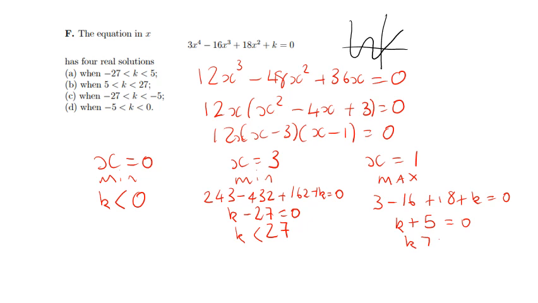So k needs to be greater here than minus 5. So we need to have k less than 0, k less than 27. This k less than 27 becomes redundant because we need it to be less than 0, so we can almost ignore this. We need k to be greater than minus 5 and less than 0, which is going to be this one over here. It's going to be D. Okay, so our answer to F is going to be D.